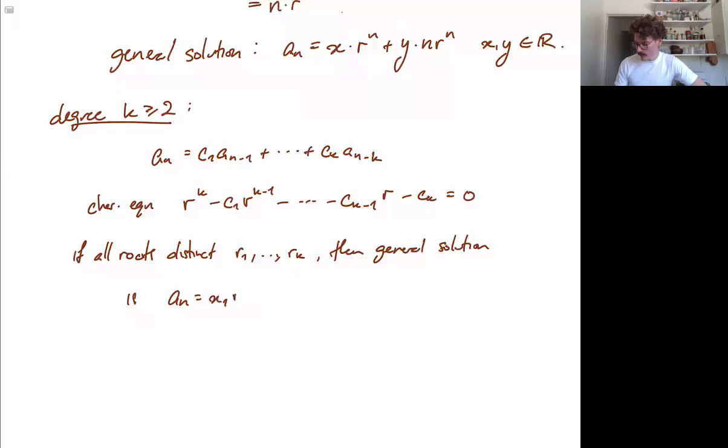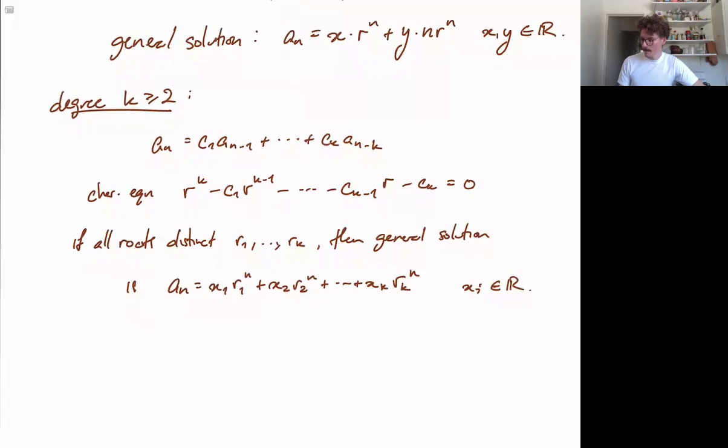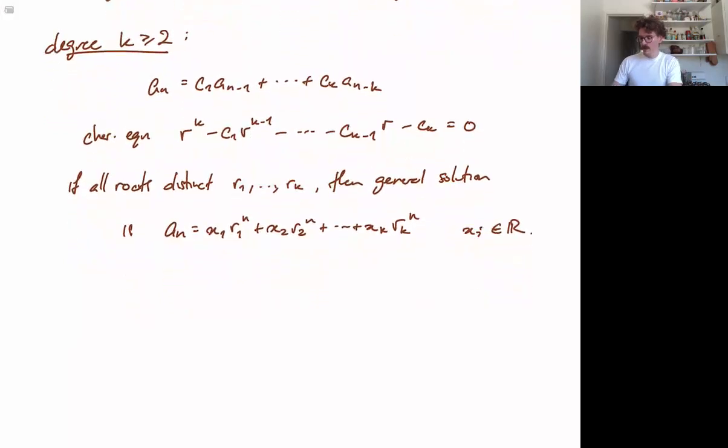So x1 r1 to the n, plus x2 r2 to the n, plus up to xk rk to the n, where the xi are constants. So now again, let's see what happens for non-distinct roots.